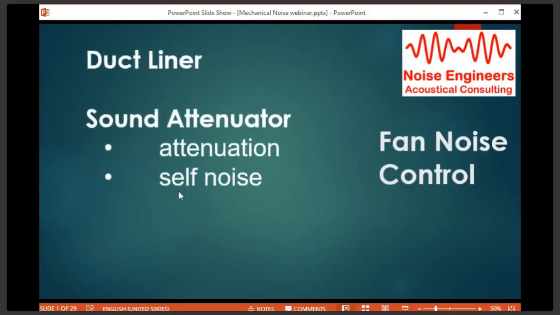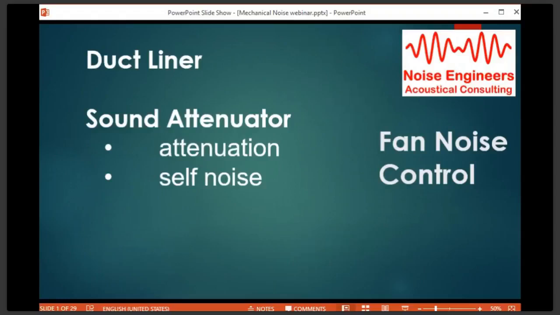If the fan noise is an issue, you can line the duct, which just means putting fiberglass, usually 1 inch thick, could be more or less, depending on the frequencies you're trying to attenuate. Thicker material will help at lower frequencies.